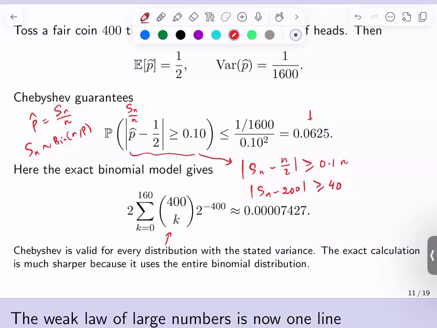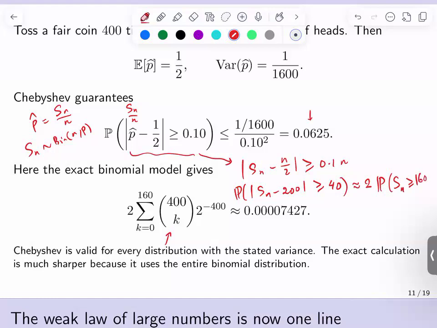So this probability, roughly, let's say it's twice, because it's going to be symmetric. This is a little bit of an approximation, but whether it's exact, I'll let you figure it out.